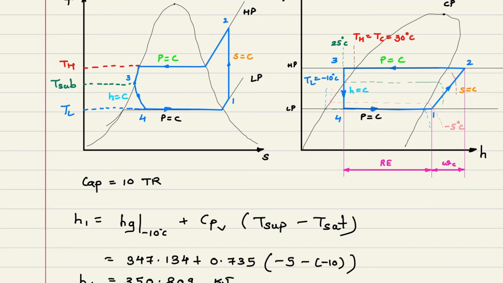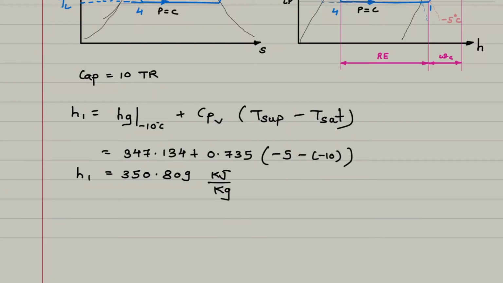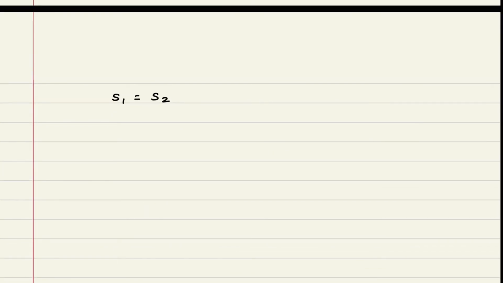Why? Because it is a division. When a difference is there, we can take degrees Celsius also, no problem. But when division is there, in the case of entropy, we have to take Kelvin. So remember that. So S1 is equal to Hg at -10 degrees Celsius plus Cp of vapor log T sup upon Tsat.